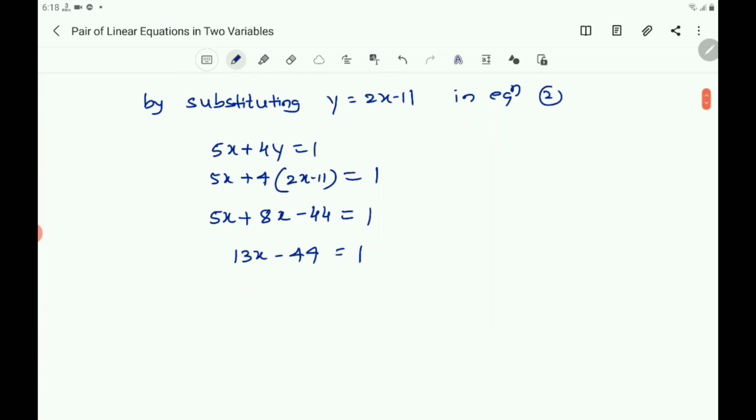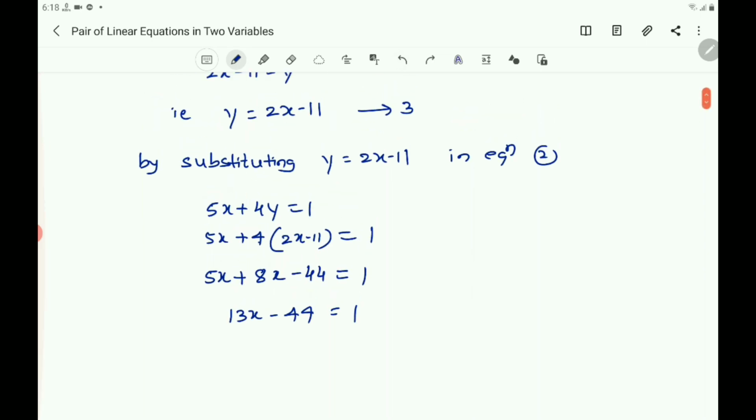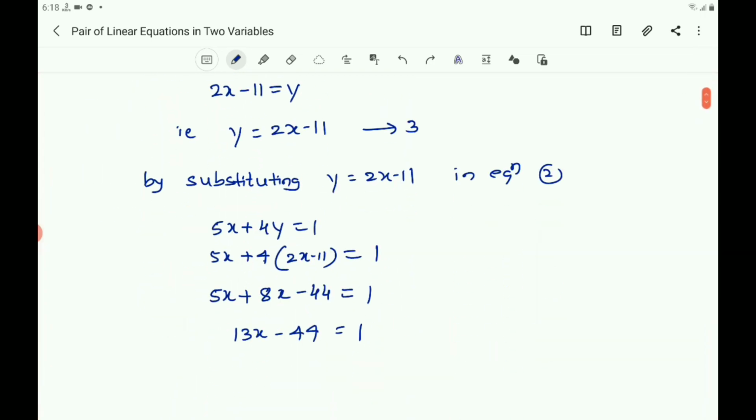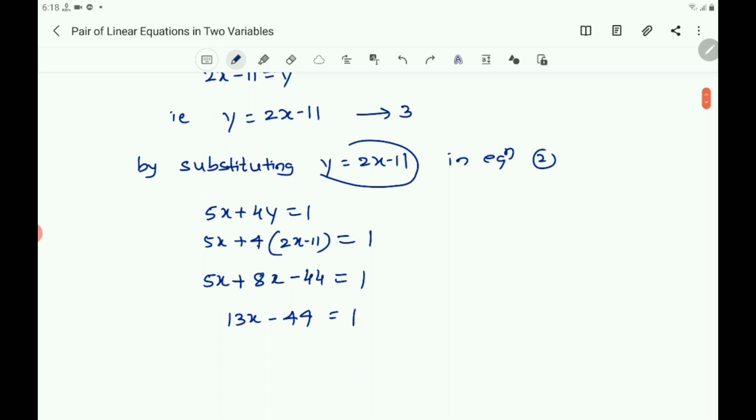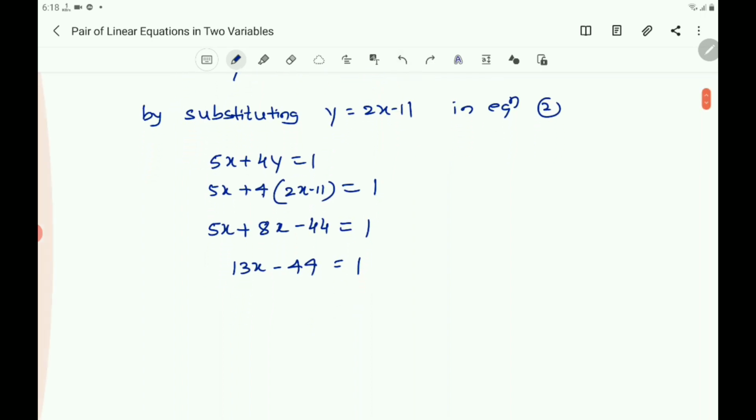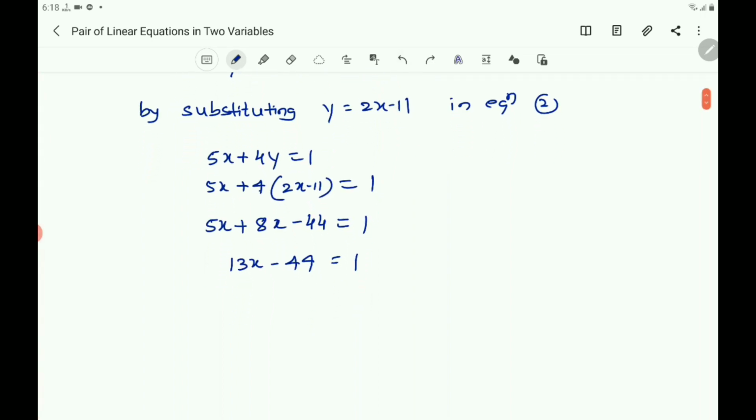Now you got a linear equation in one variable. Here only one variable is there. So the equation is converted into a single variable as you substituted the value of y in the second equation. Now easily you can get the value of x. So what you can do, 13x, you transfer this minus 44 to RHS, that becomes 1 plus 44.